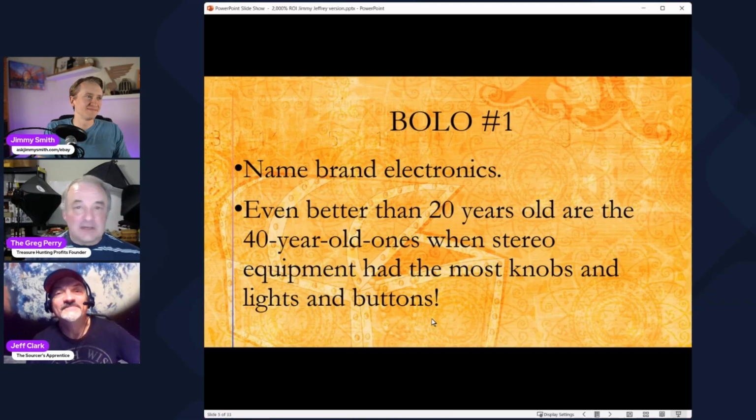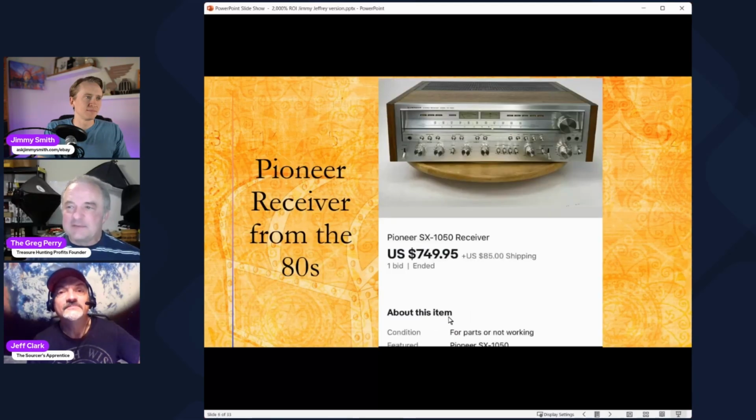Speaking of old stereos, turntables, receivers, things like that, let me show you one that we discussed in our group. This was a Pioneer receiver from, I think, the early 80s that someone in the group bought at a yard sale for $5. An old 1980s Pioneer transistor and tube stereo receiver at a garage sale for $5.